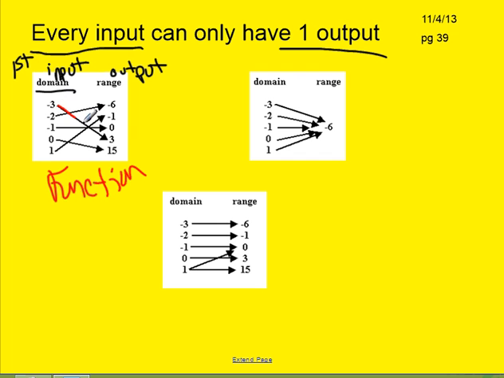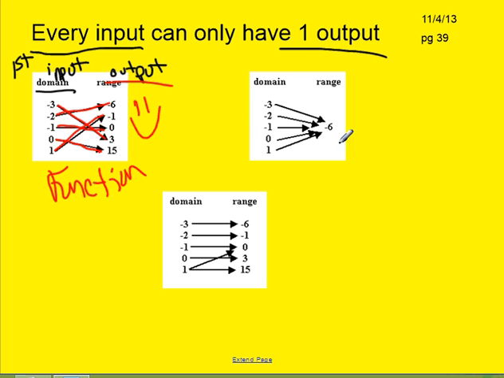So -3 is always going to go to 3, -2 is always going to go to -6, -1 to 0, 0 to 15, and 1 to -1. They always go to the same output. Therefore, this is a function.